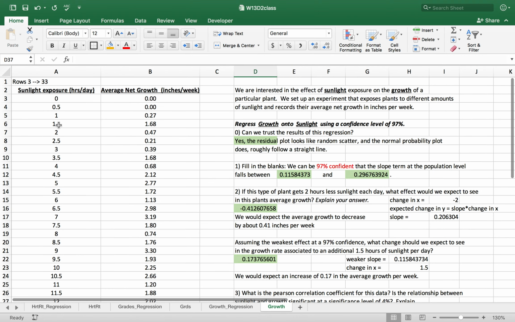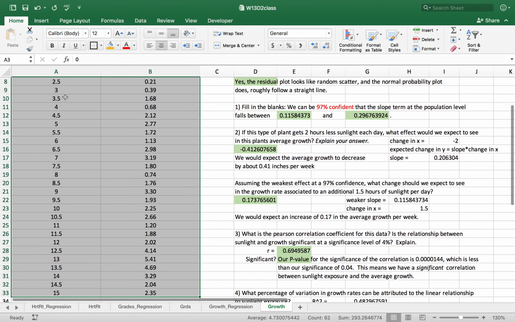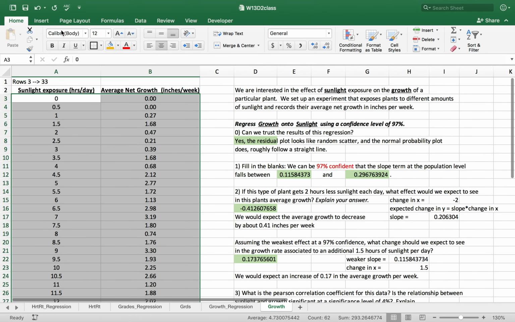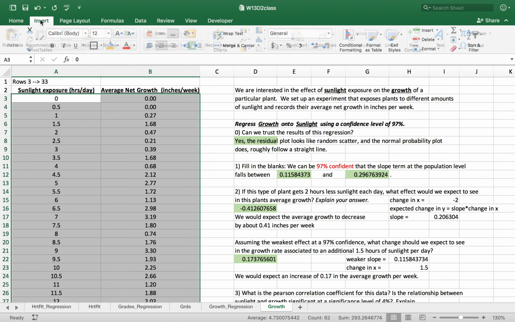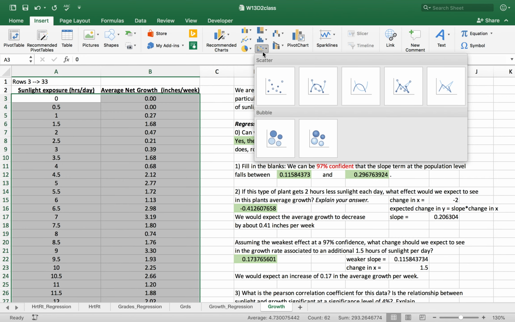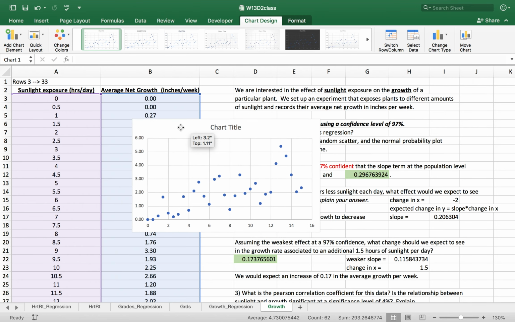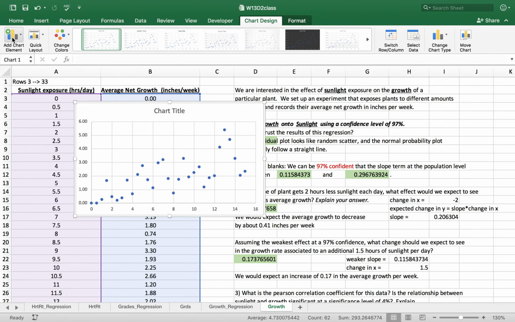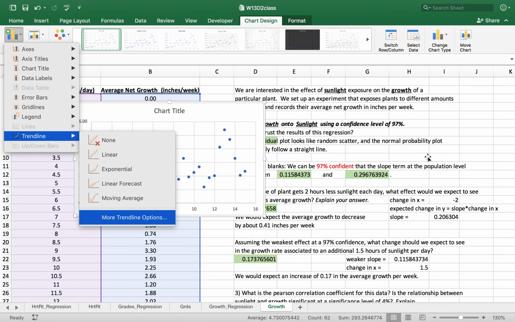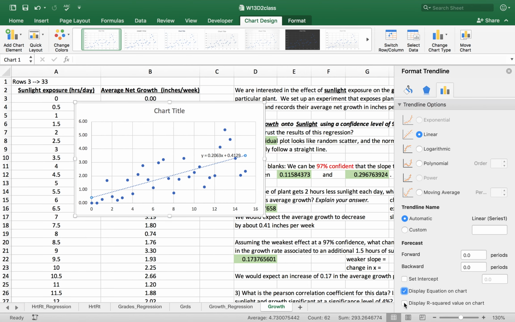All right. So the last thing I want to do here very quickly is just review. It's always good to visualize your data. You can really glean a lot more by looking at your data with the appropriate plot than sometimes plowing through all of these different numerical things. So I always like to add a scatter plot, add a trend line, make sure I put my equation and our r squared values on the trend line.